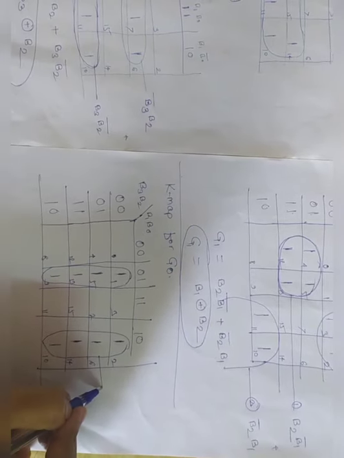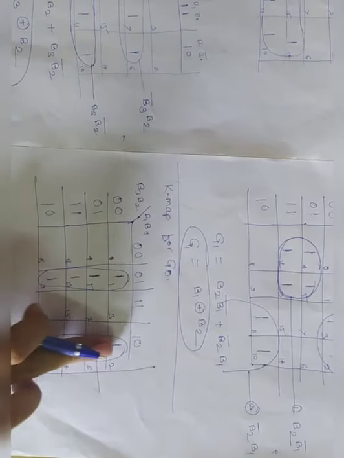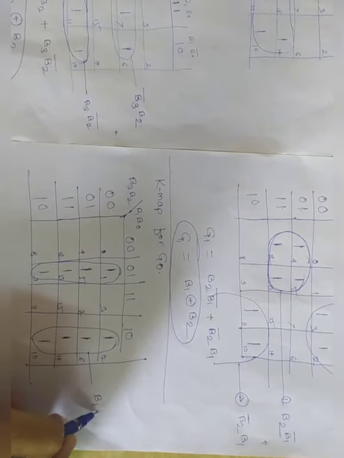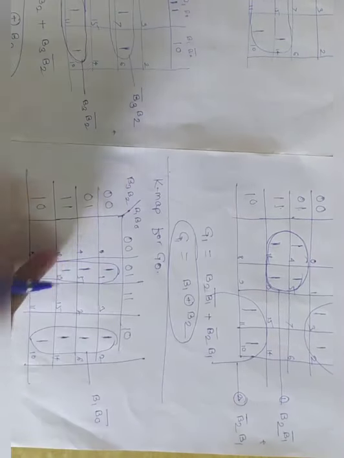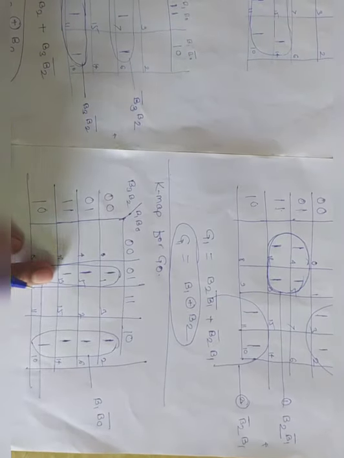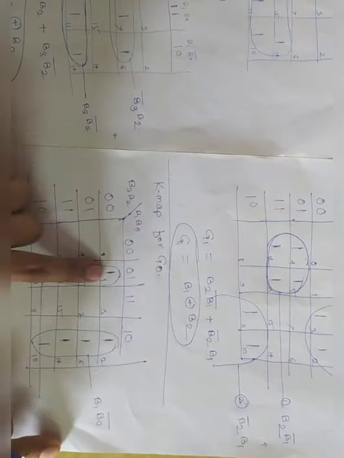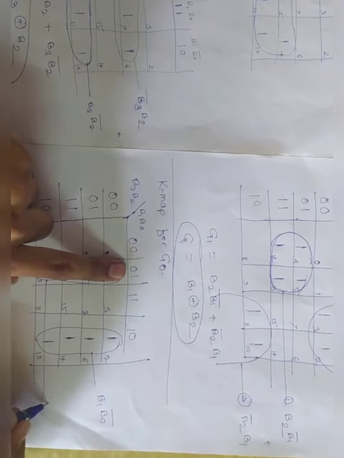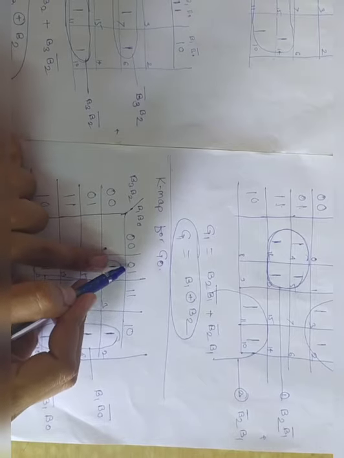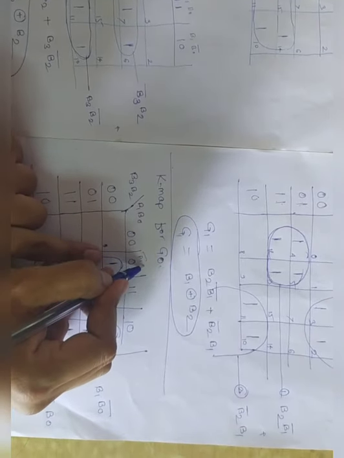For this the equation is just taking all the variables belonging to that column, that means B1 and B0 column, right? There is nothing common from the row. Now for this, just taking all the variables from that column, that is B1 bar and B0. Now this is 0 1, so that's why I'm taking the bar, B1 bar and B0, right?